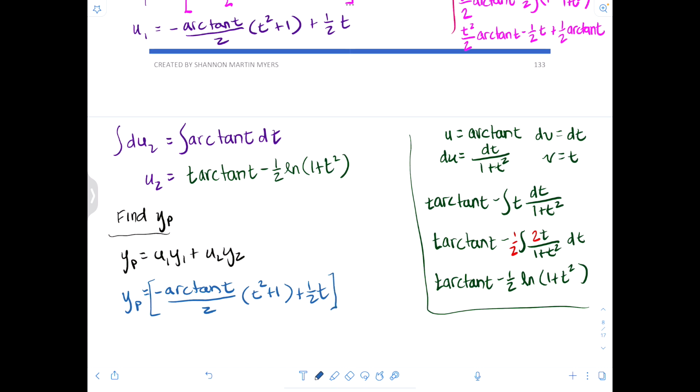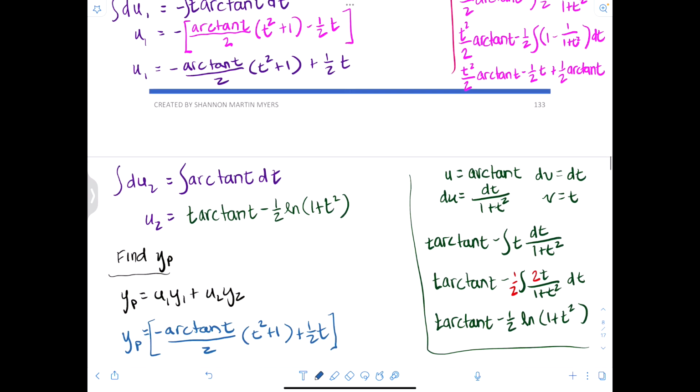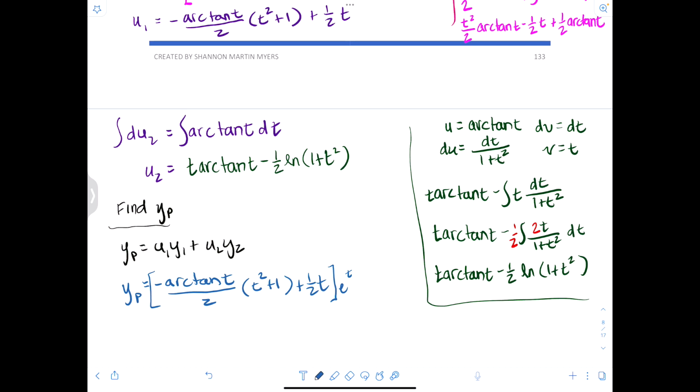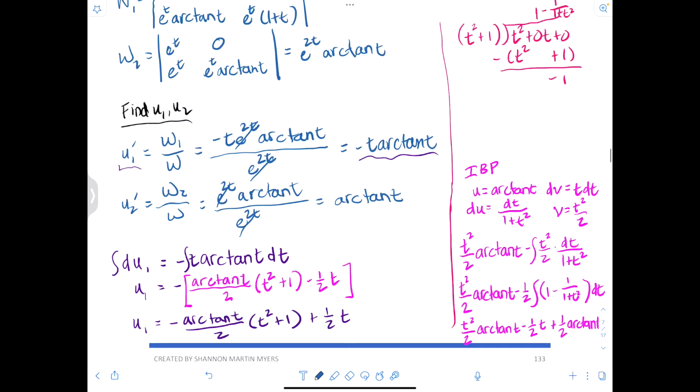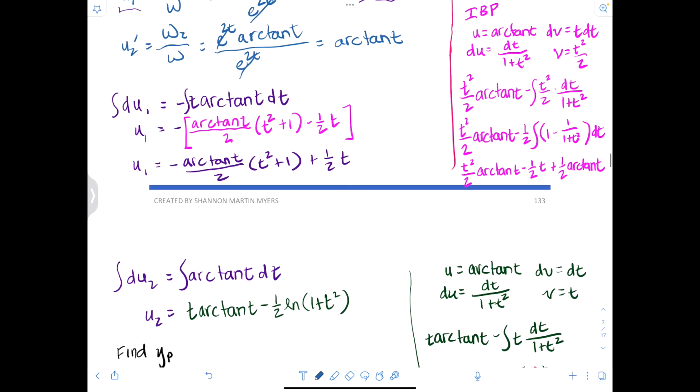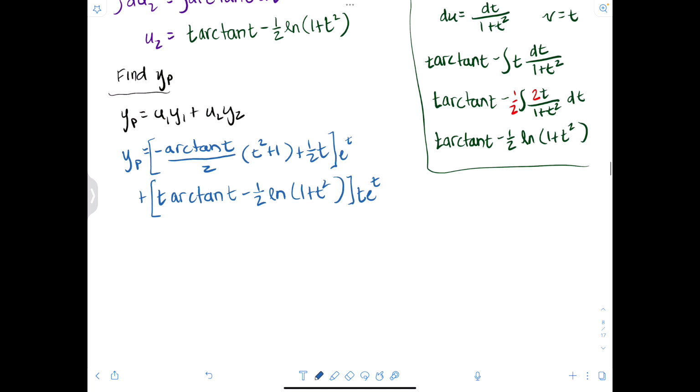And then y1, way back here, was e to the t. And then plus t arctangent t minus 1/2 natural log 1 plus t squared. All of that will be times t e to the t, because that is what y2 was. Cool, cool?